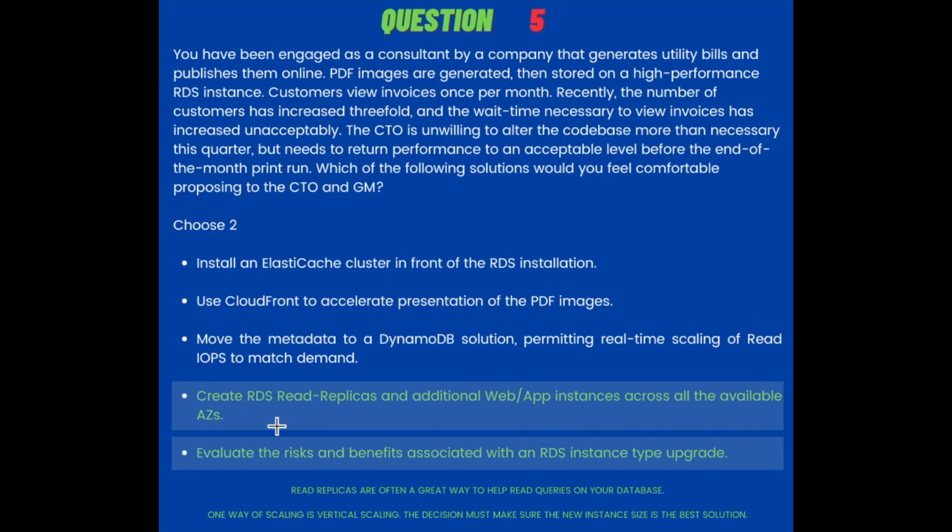So definitely you have to select this option. Though they have mentioned that this is a high performance RDS instance, there's still a chance you can look for a higher performing instance, and you can upgrade the behind-the-scenes RDS instance hardware infrastructure.